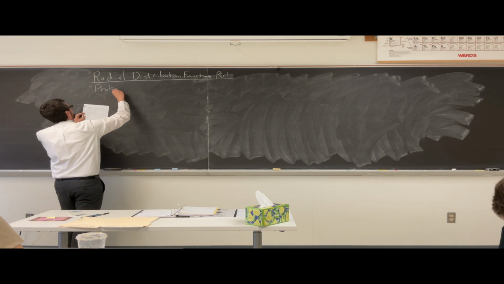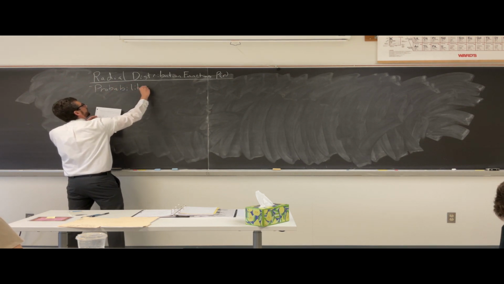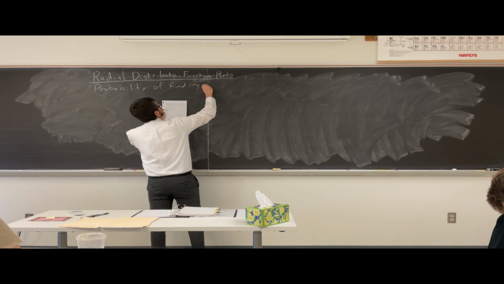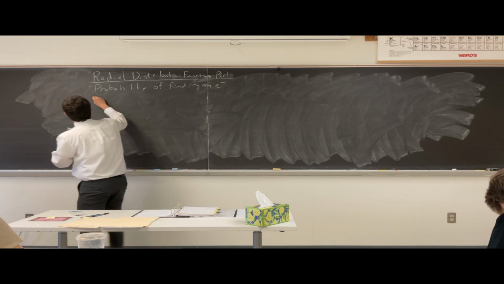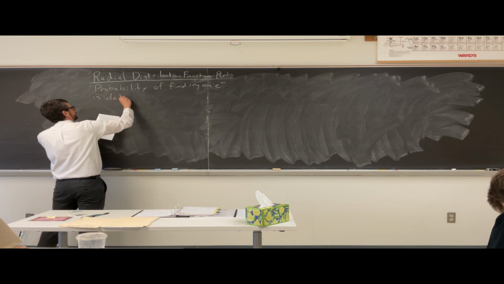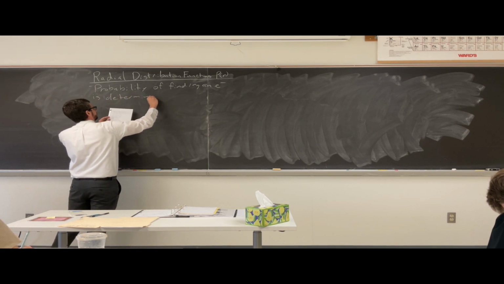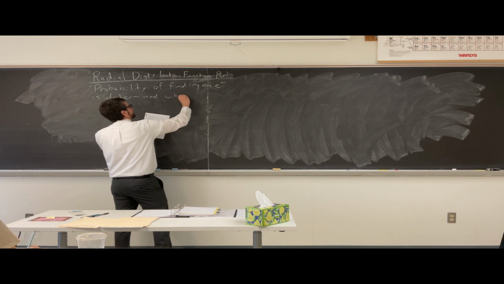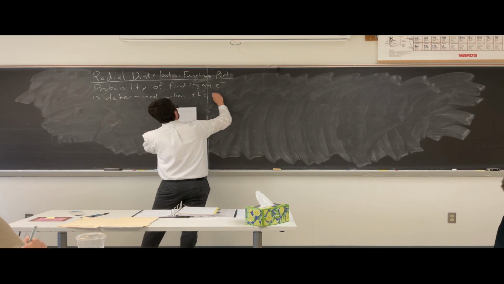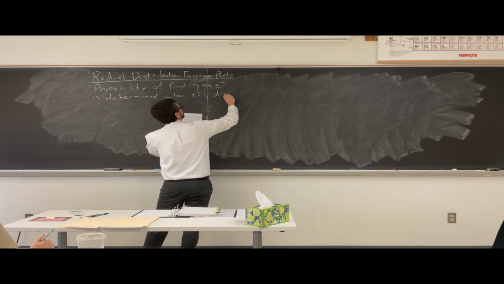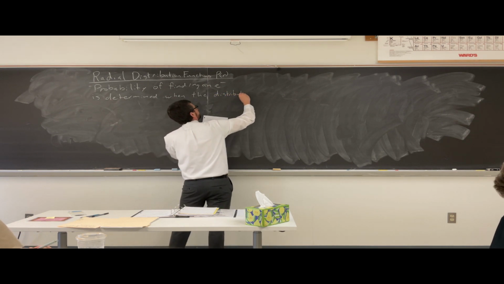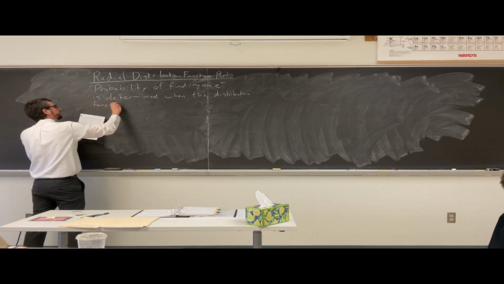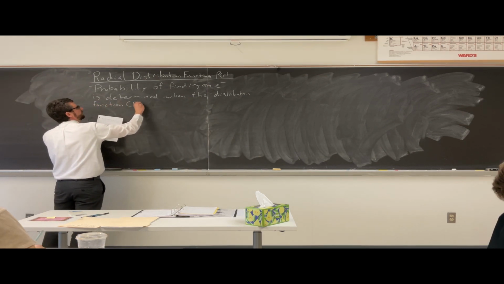Probability of finding an electron is determined by the distribution function, which we're going to give the symbol P of R.